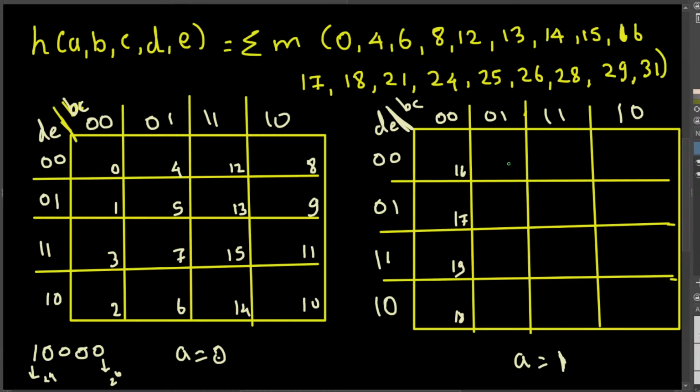So this is going to be 18, and then here we have 19, 20, 21, 22. And after that, we start from here. So this is 23, 24, 25, 26, 27, 28, 29, 30.